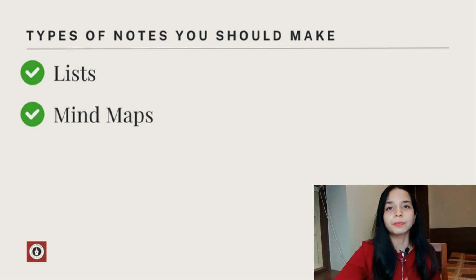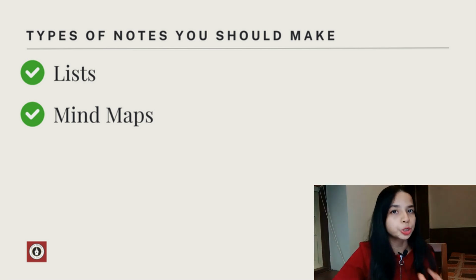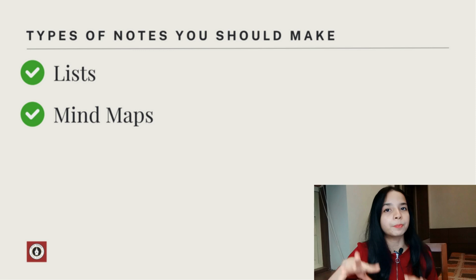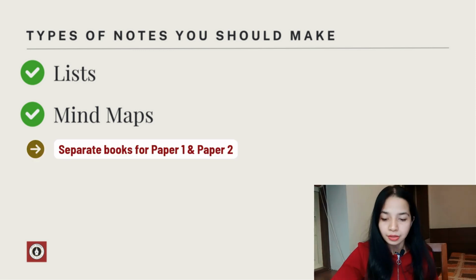And one more important tip, guys, especially for your UGC NET English exam as far as your note-making strategies are concerned. Understand that even the best notes are useless if you can't find what you need quickly. So how do you do that? First of all, keep a separate book for paper 1 and a separate book for paper 2.